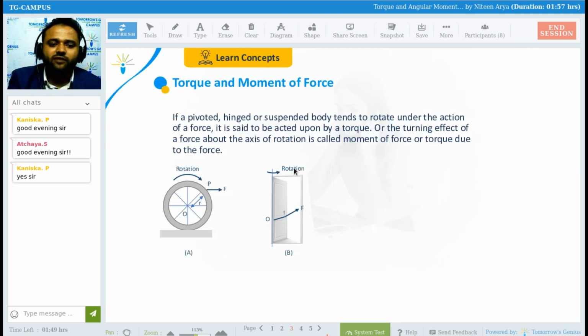The main thing starts from here. A very basic example in your day-to-day life is the rolling of a wheel or any object, and the rotation of a door around its axis, the hinges.